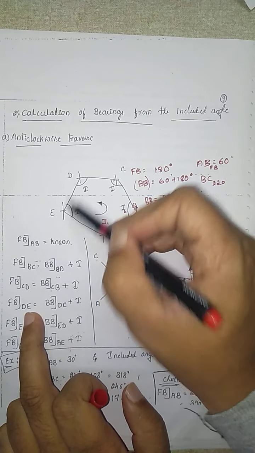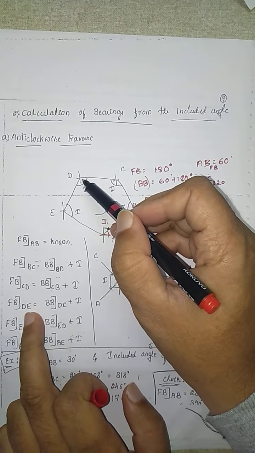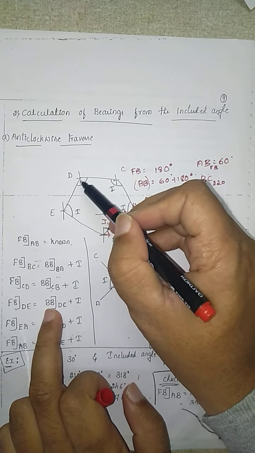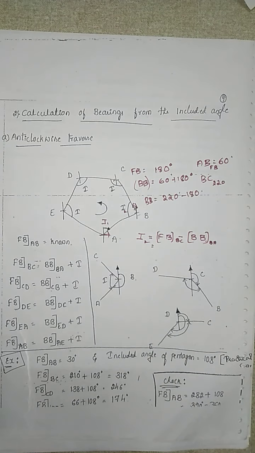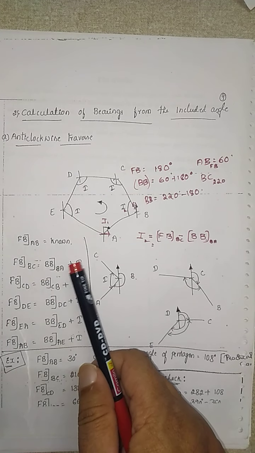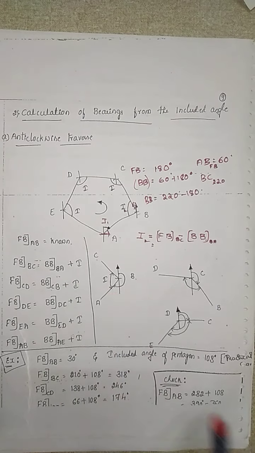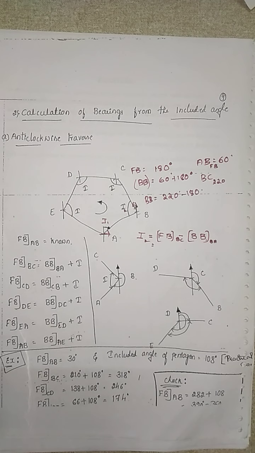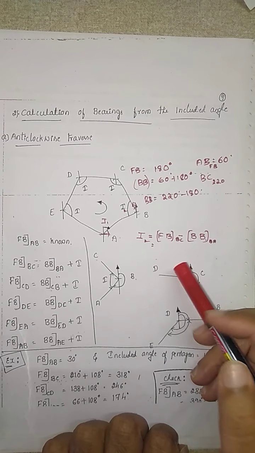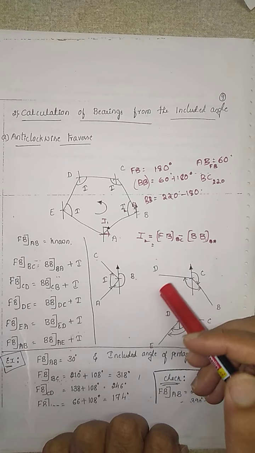Similarly, for the line DE, the forebearing is the back bearing of the line DC plus the included angle. So you are going to have this formula. Sometimes they may give you the forebearing and tell you to calculate the included angle.